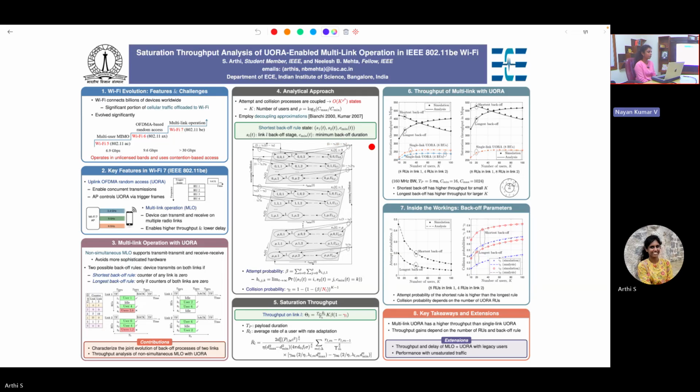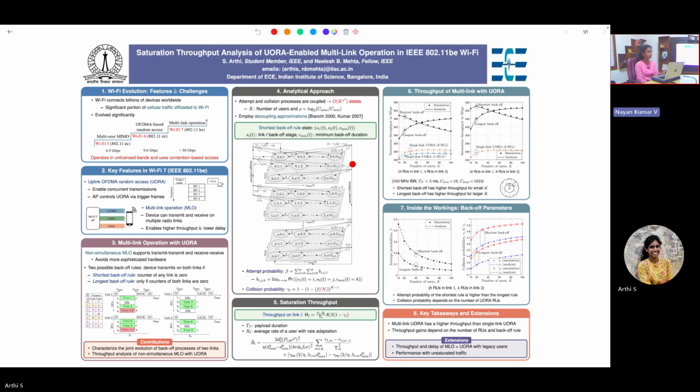In the shortest backup rule, minimum backup duration is sufficient to track because a user attempts if one of the link counters becomes 0. I note that it is not the minimum backup counter, but it is the duration in TF cycles, because here the backup counters are decremented by the number of resource units in uplink OFDMA random access.